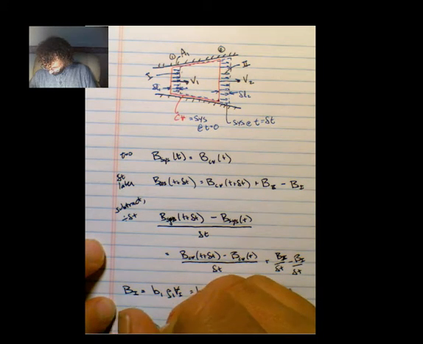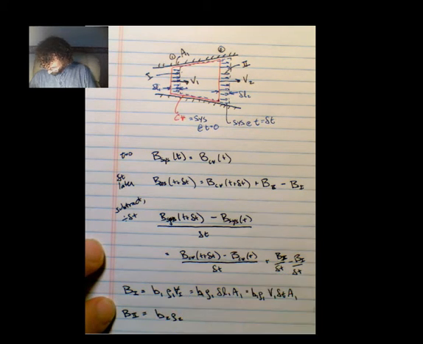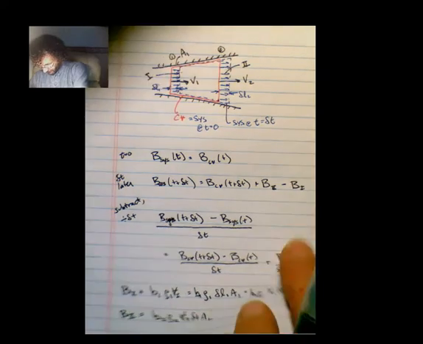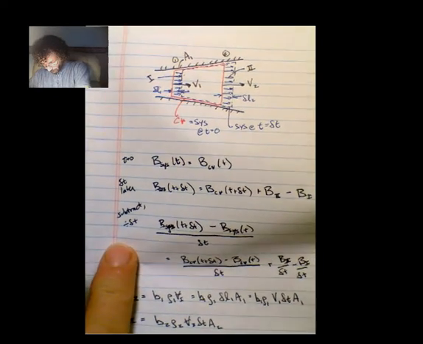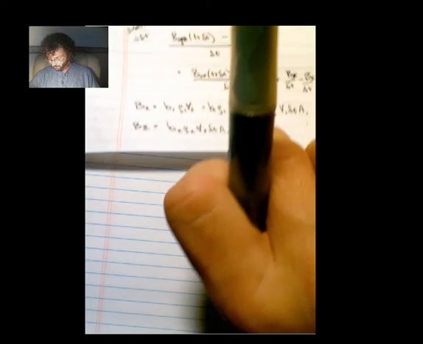And of course b2 rho 2 V2 delta t A2. Okay. Let me rip this off and show how this is going to simplify.